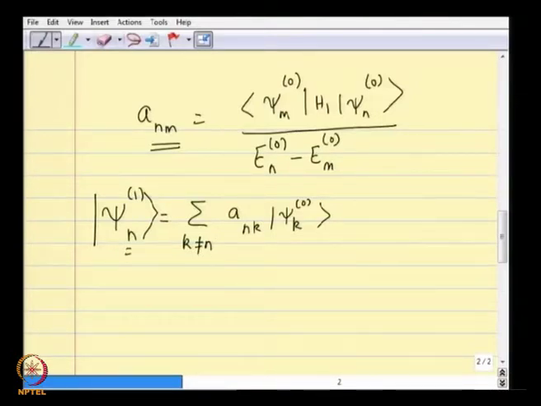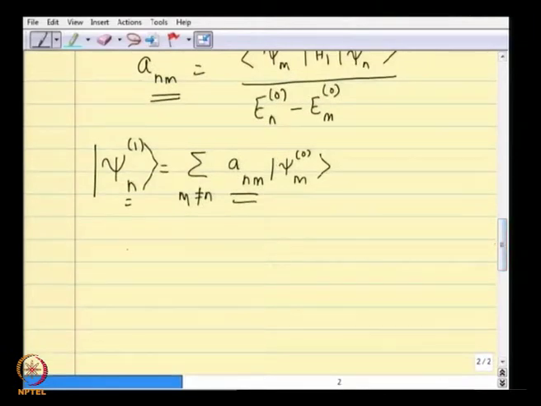I would rather write instead of k, suppose I write m here, m not equal to n. All I need to do is to make the corresponding changes here. The k is now in terms of m, and this is also in terms of m. So now we have an explicit form for this coefficient just in the previous line.